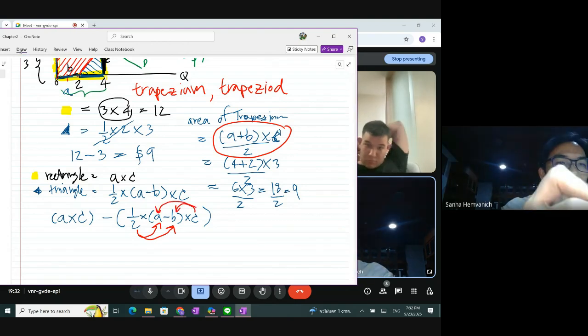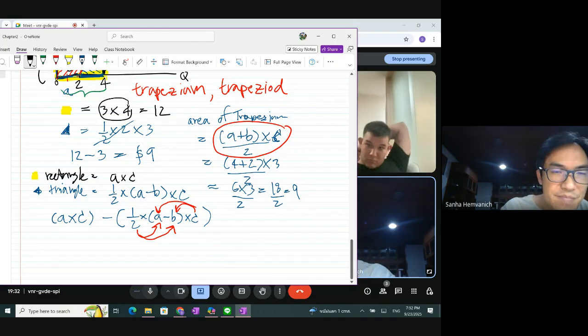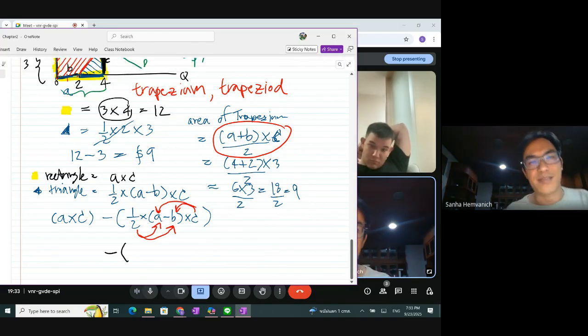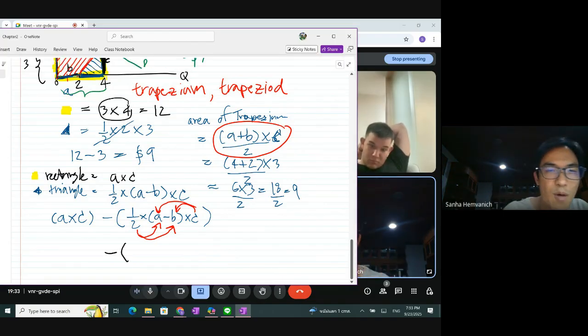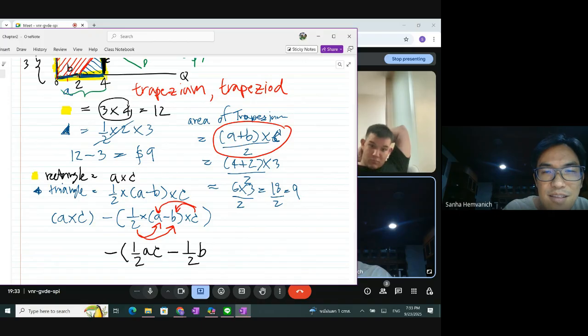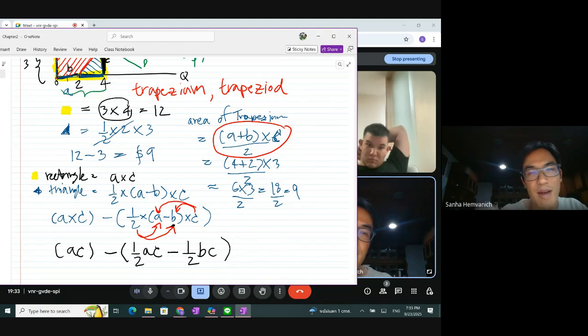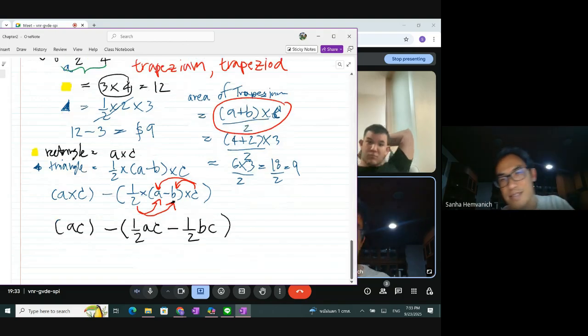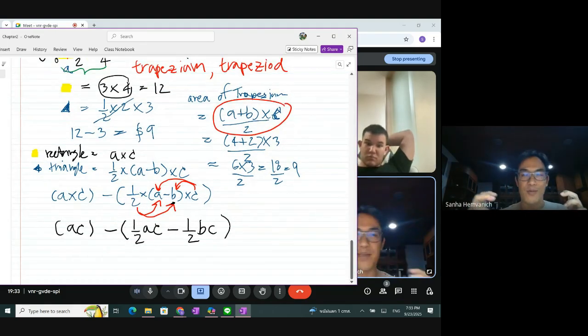So I keep the parentheses, but inside you have two terms. One term is 1/2 multiplied by A and C, and then you have a minus, 1/2 again, but now multiplied with B and C. And we still have AC. A multiplied by C, I just write AC, because it's the same symbol, A and C together.